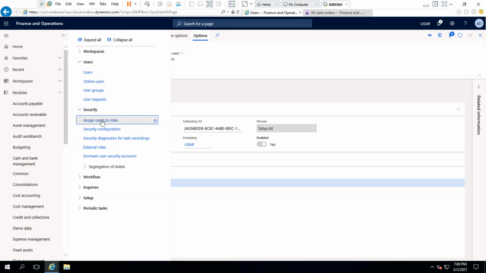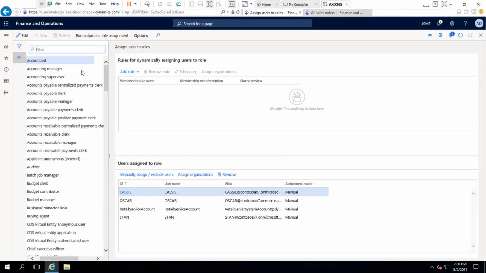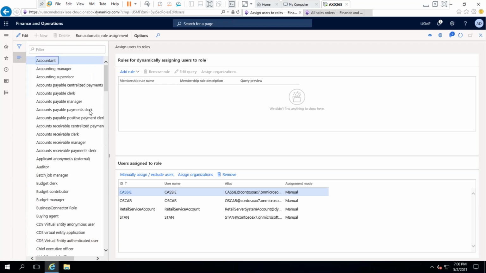Suppose here we go to roles, that is users and roles. Suppose I take accounts payable clerk.